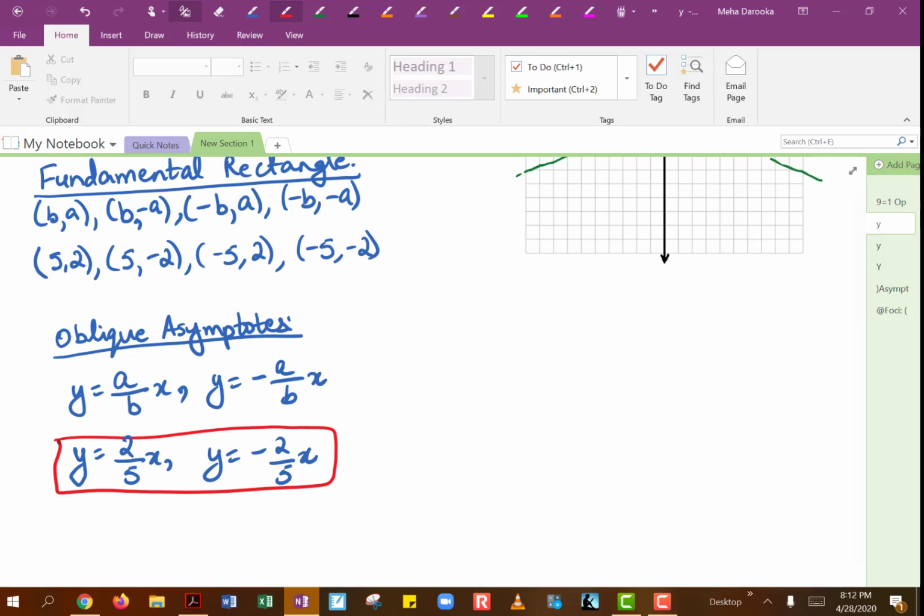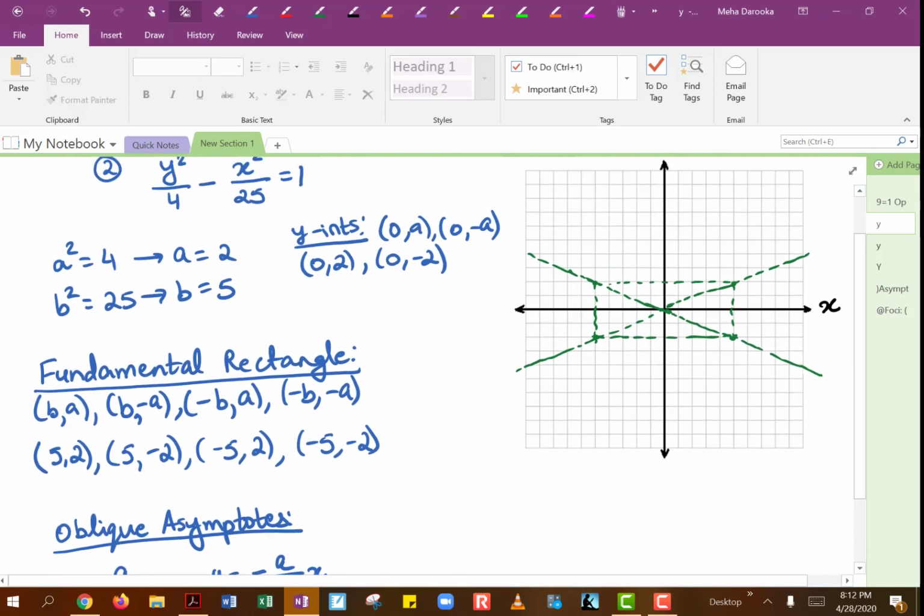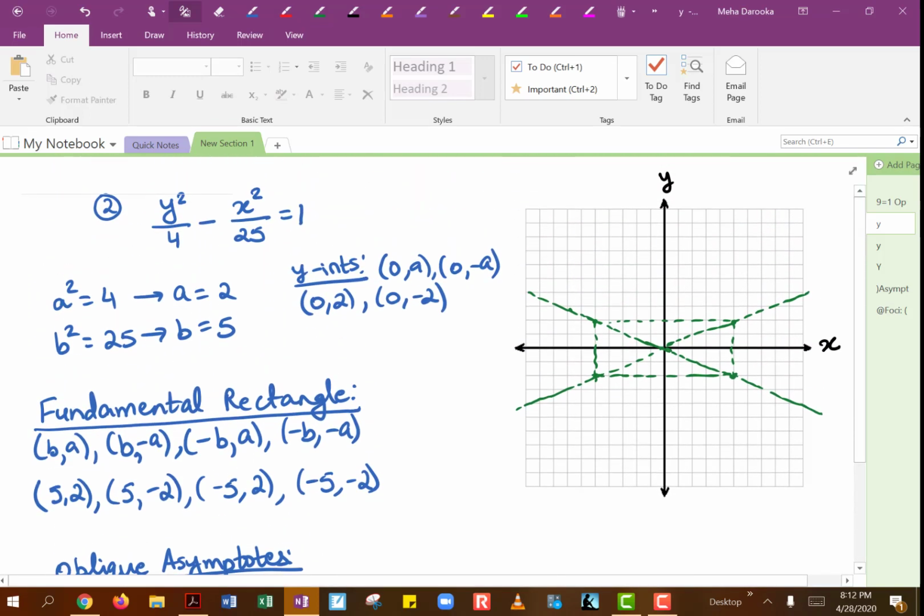Now let's go ahead and do the graph for our hyperbola here. So remember, your y-intercepts are at (0, 2) and (0, negative 2), and this is a hyperbola that opens up and down. And remember, we know that because y square is our first variable here.